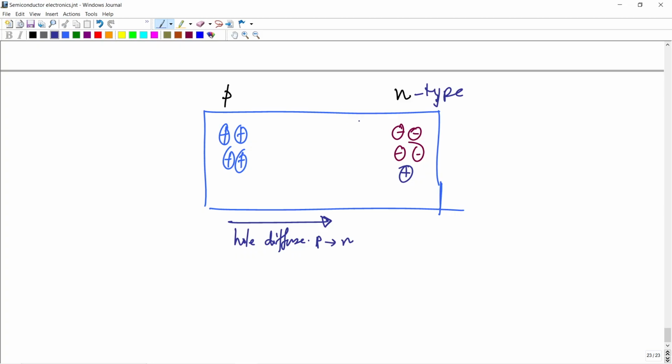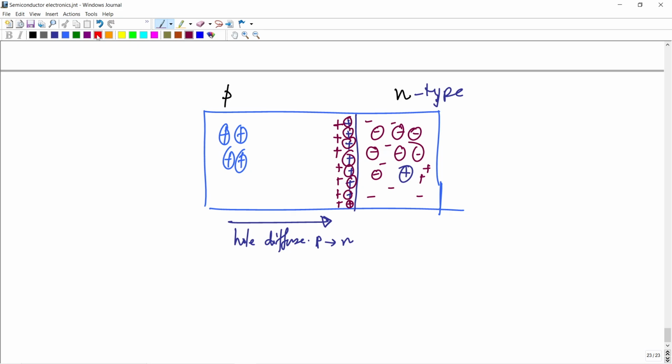Here you get holes, and here a huge number of electrons, obviously.